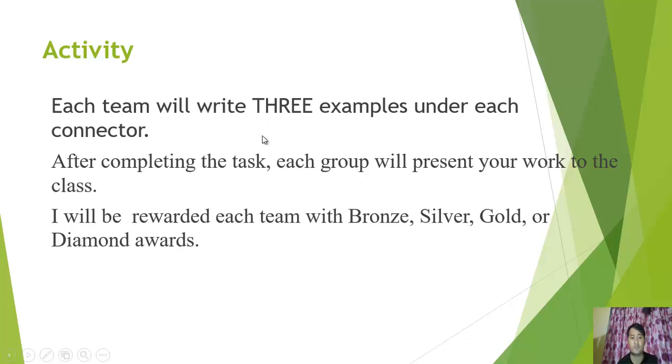So there are 4 types of connectors, right? And under each type there are 3 examples. Each team will discuss and write 3 examples under each connector. After completing the task, each group will present their work to the class.